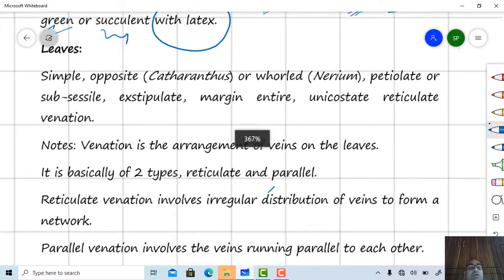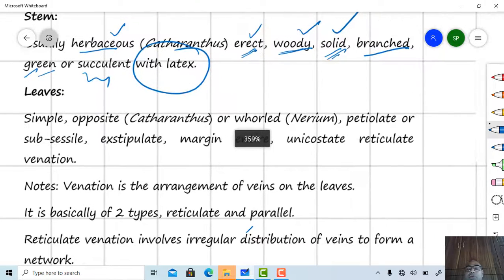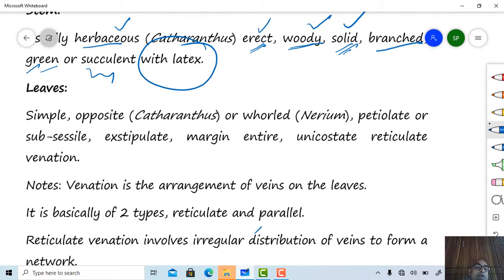Just say about the leaves. The leaves are usually simple and not the compound one. Okay, so leaves are simple. They may be opposite or whorled. Okay, opposite or whorled, both types of phyllotaxy are present. Then leaves are either petiolate or subsessile.